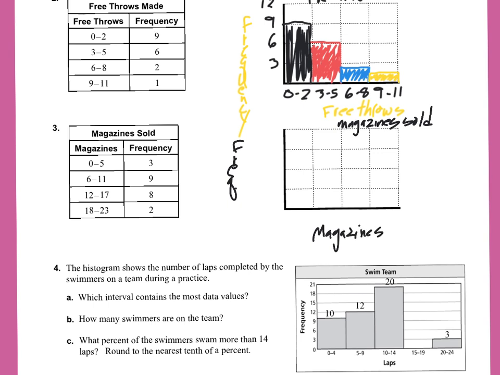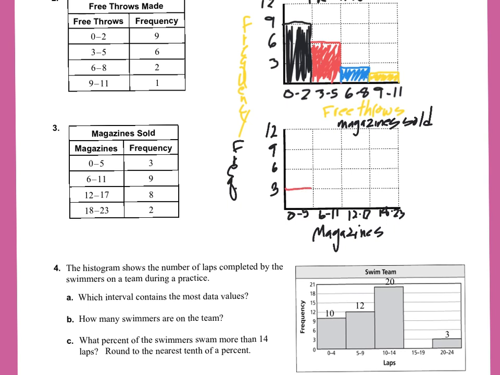Okay, and then it looks like we are dealing with 0 to 5, 6 to 11, 12 to 17, 18 to 23, and we want to probably, let's count by threes again. 3, 6, 9, 12. So 0 to 5 would be 3.